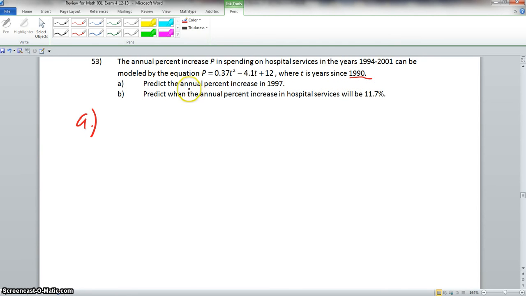Now it says predict the annual percent increase in 1997. So we know since 1990, that's really just 7. So we will substitute in 7 for t. Now, we will put this in our calculator.